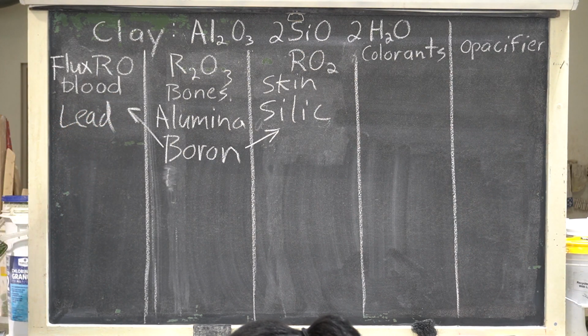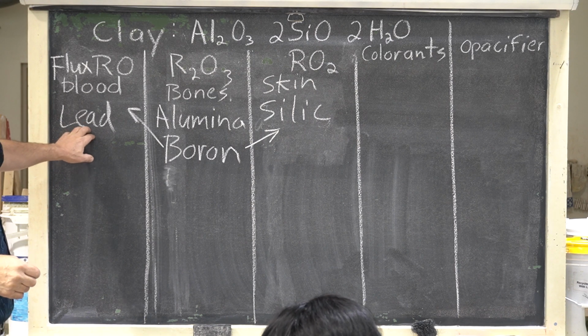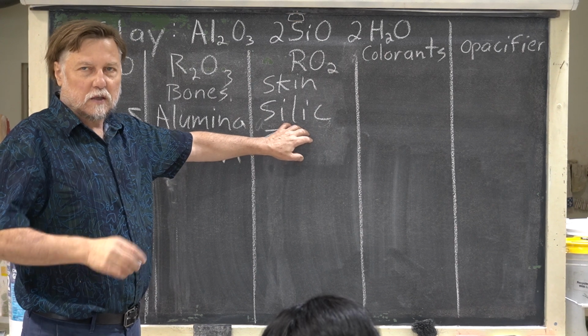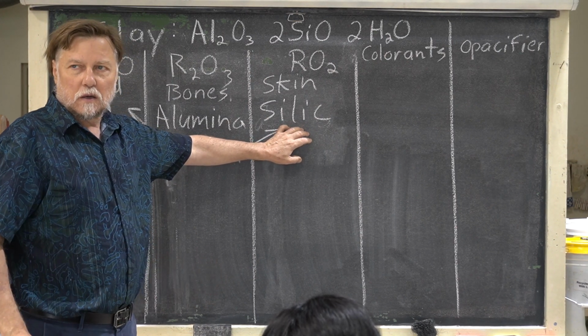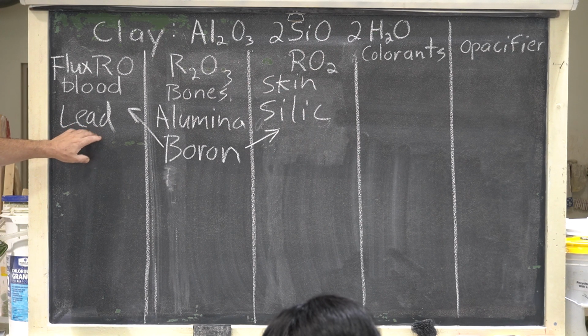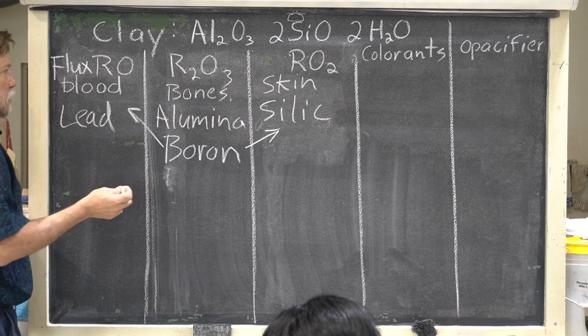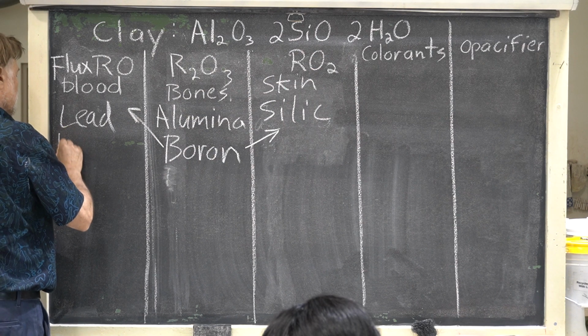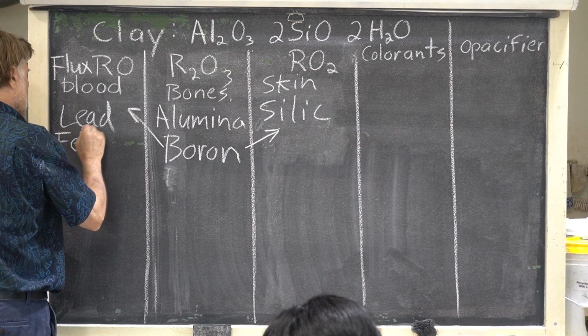Lead is a flux, and it's used to make the lowest firing glass with silica. It's the oldest flux that we use. But usually, in most glazes, we use either a frit or a feldspar for a flux.